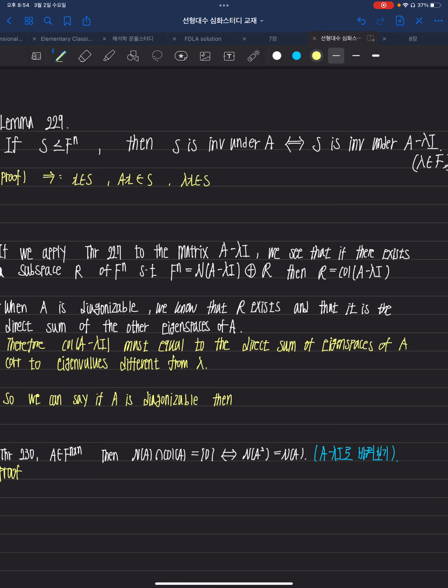Because the subspace is closed under scalar multiplication. And Ax minus lambda x is in S. Thus (A minus lambda I)x is in S. So S is invariant under A minus lambda I.